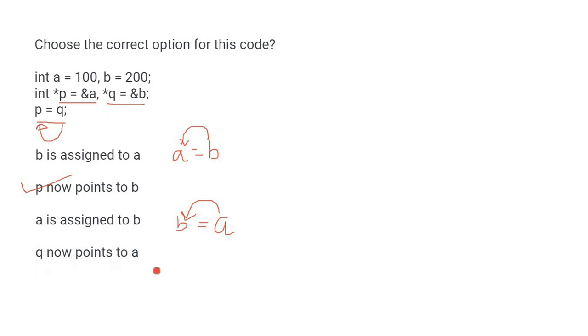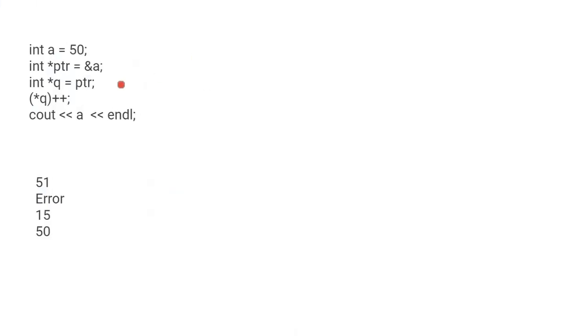And Q now points to A. That's not true as well, because if the vice versa would have happened, if the last line of the code was Q equals P, then the address of A, which is stored in P, would also be copied to Q, and thus P and Q both would start pointing to A. But that is not the case here.